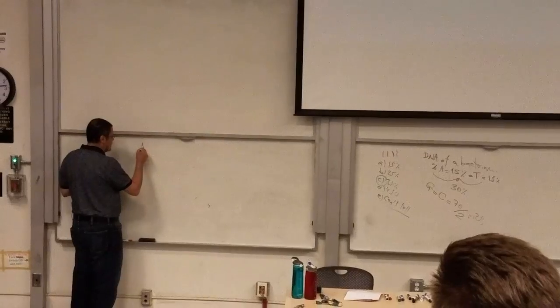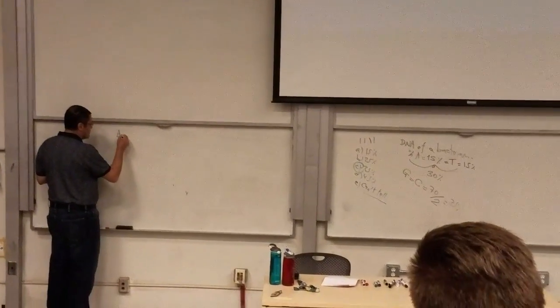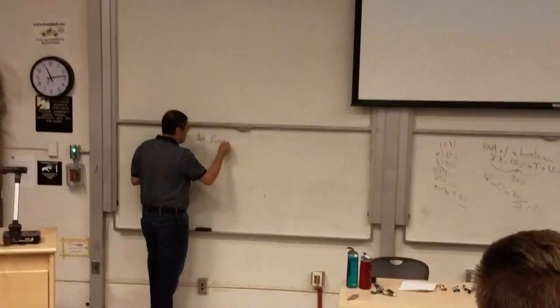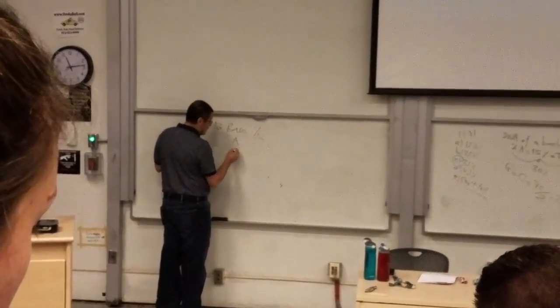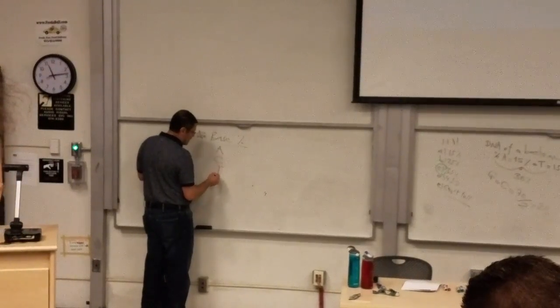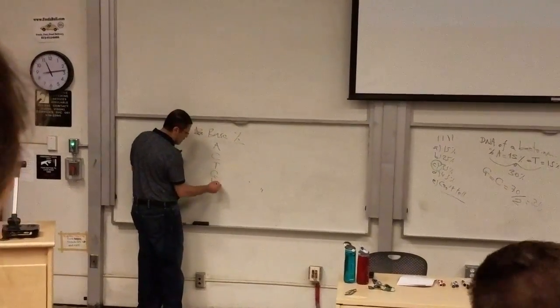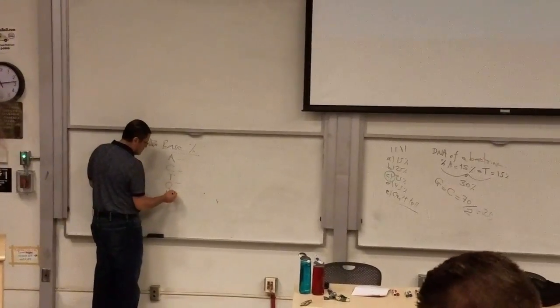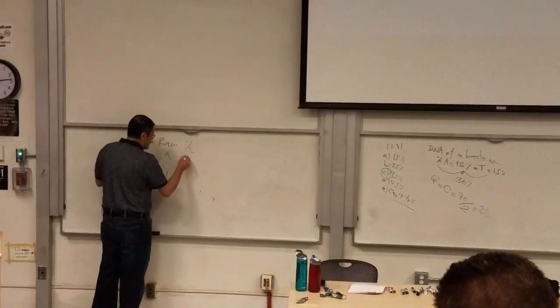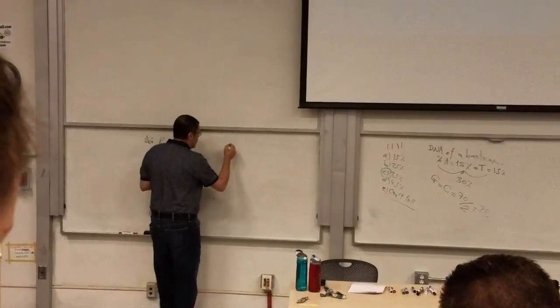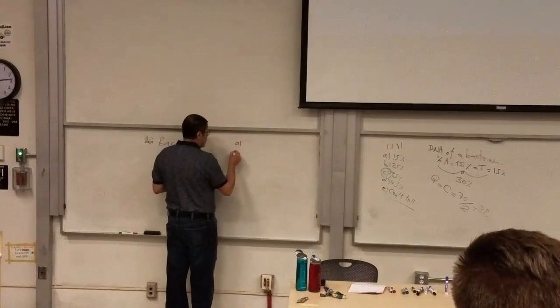So this is the base, and then percent. So adenine, cytosine, thymine, guanine, uracil. And let's say this is 10%. In fact, let me give you the key. Here's the key.